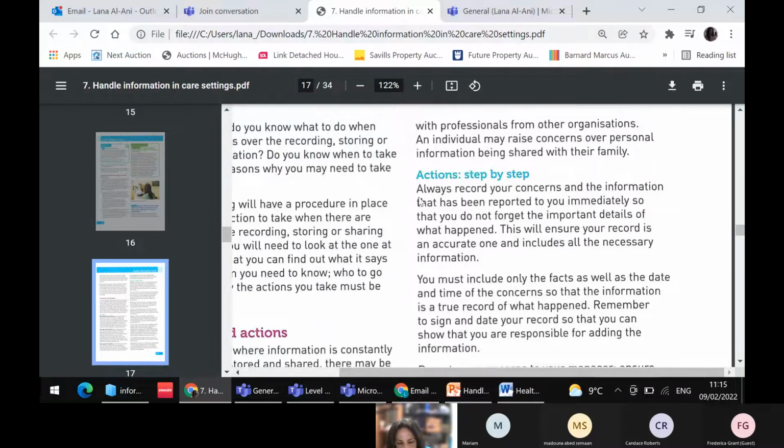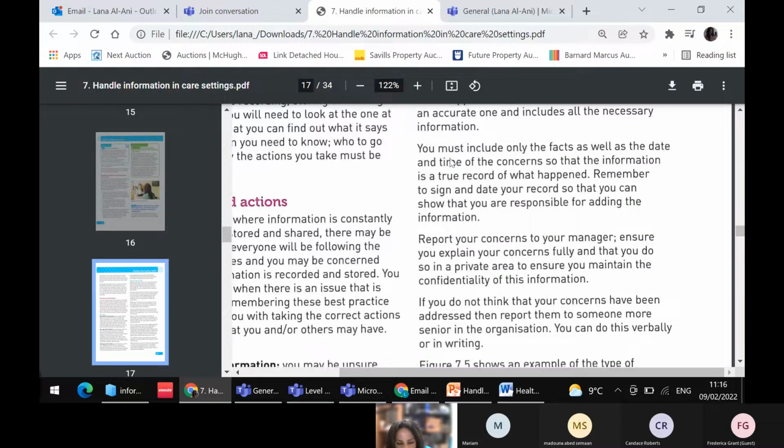First of all, I need to record my concerns and the information that I need to report immediately, because in this way I wouldn't forget the important details. And then I must include any facts. I wouldn't put lots of details, I need only facts and detailed facts to remember, and also I need to sign and date this sheet.